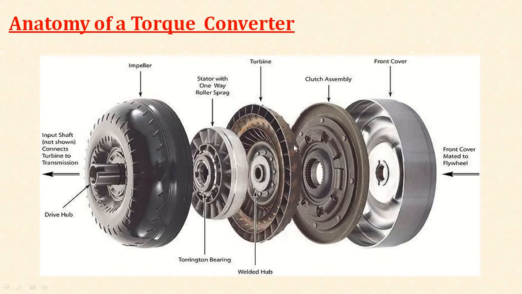In between are a number of components: the clutch assembly, the turbine, and the middle one, the welded hub, and the stator with a one-way roller spring and bearing, a specific bearing that rotates in only one direction. The cover has the impeller with the drive hub; the input shaft, not shown, connects to the turbine and the transmission system.